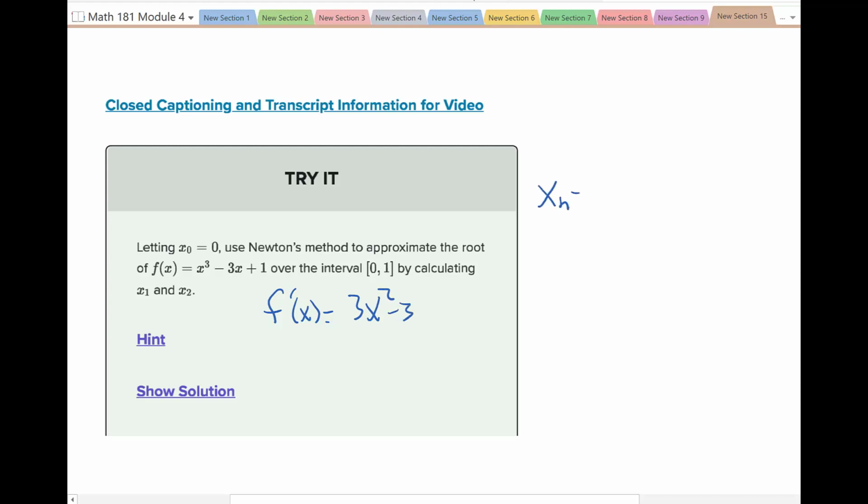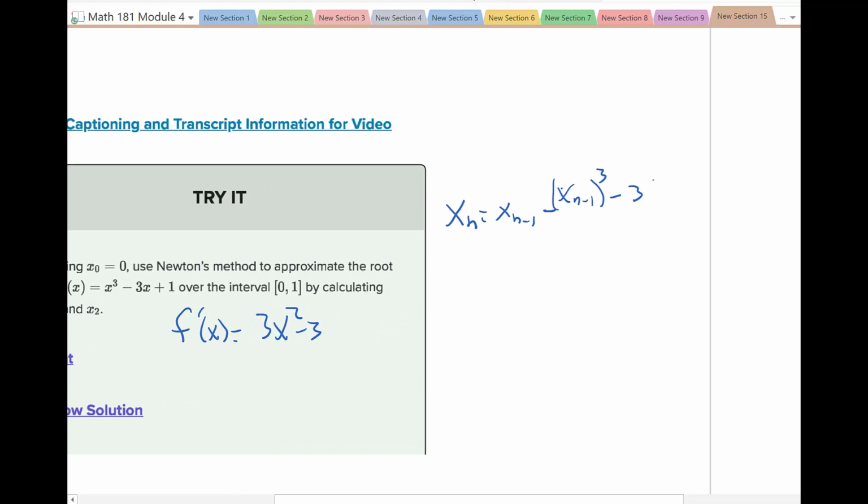So x sub n equals x sub n minus 1 minus x sub n minus 1 cubed minus 3 times x sub n minus 1 plus 1 over 3 times x sub n minus 1 squared minus 3.